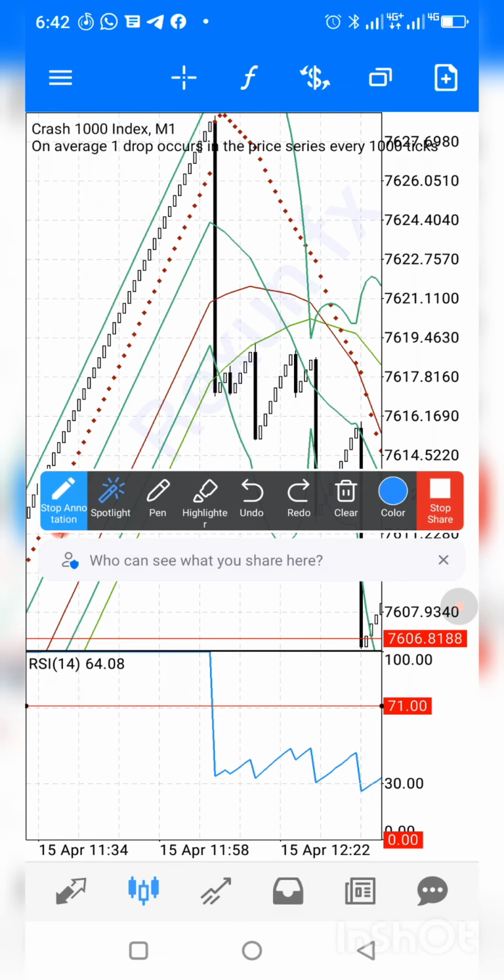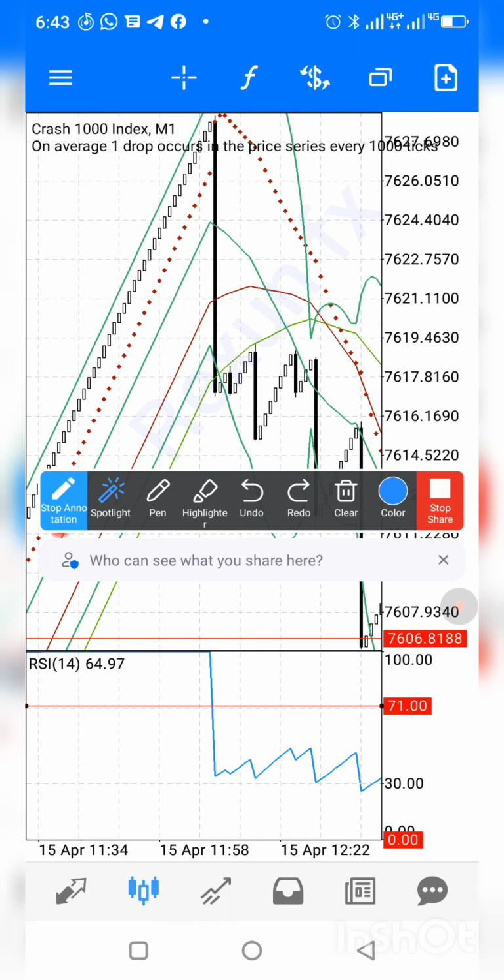So that is why for every trade I take, my safe first entry point for Crash 1000 will be above 99. It must get to 99. Yeah, there are periods where it does not get to 99 before the spike happens, right? But I really don't care. So I'm happy to miss such opportunities. I try to go for the opportunities that give me a higher percentage of success rate, right?